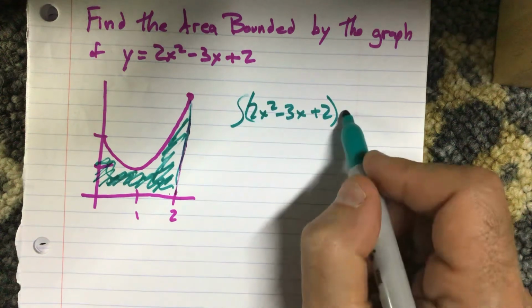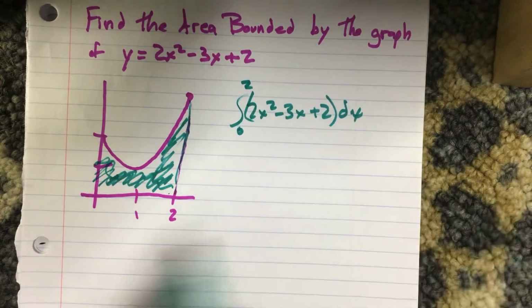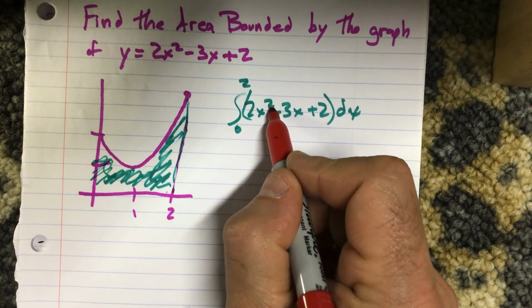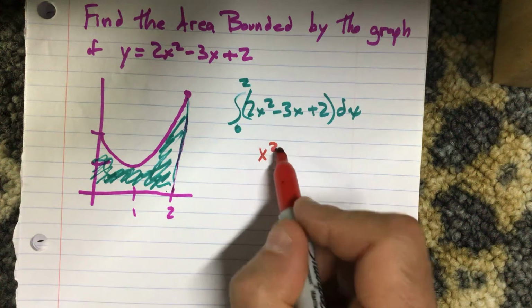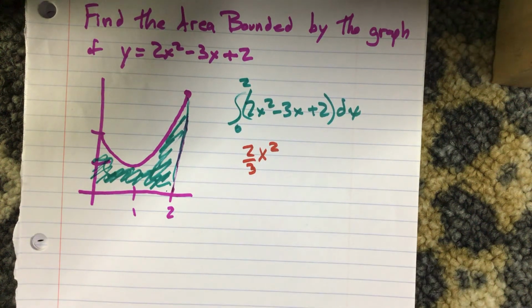from 0 to 2. This is called a definite integral, and the answer to this should be a number. So I add 1 to the exponent, which gives me 3, so x to the third, and I divide by 3. This becomes 2/3.